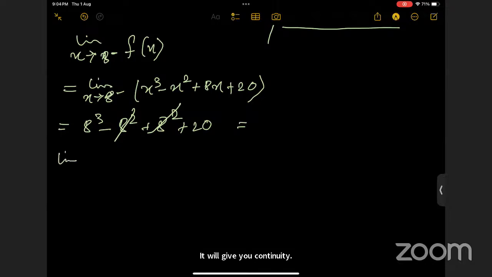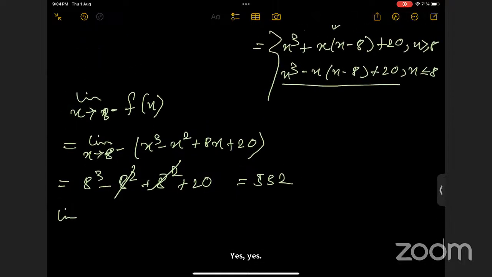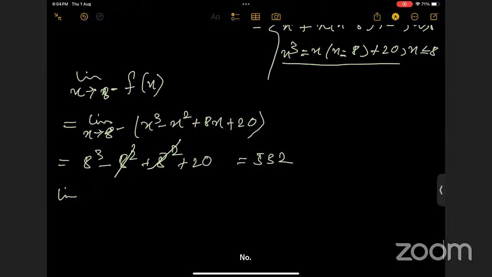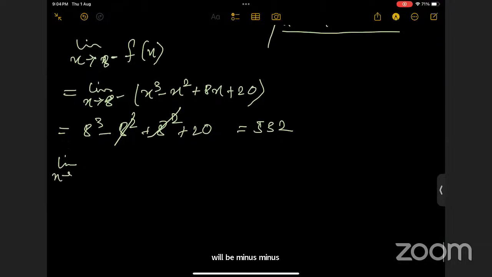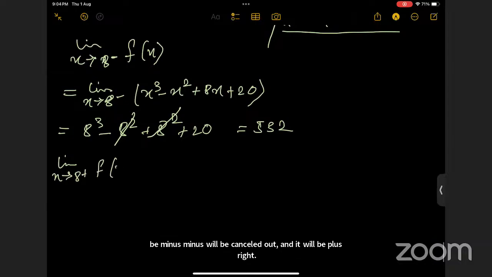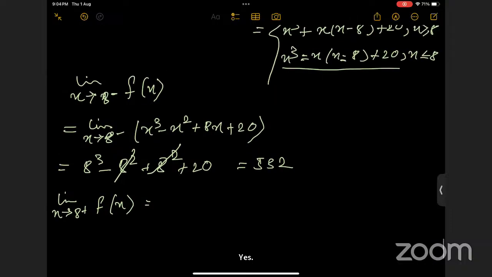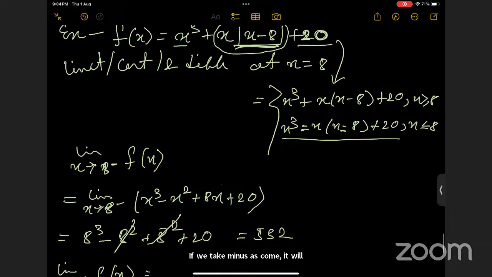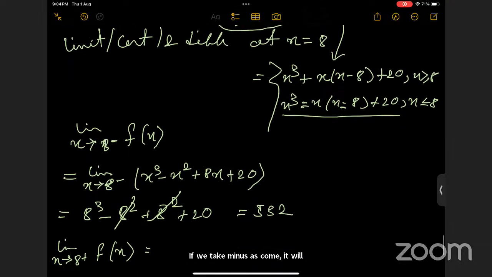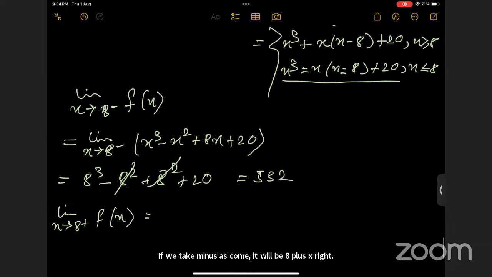Ma'am, it will be minus 8x, right? If x is lesser than 8, then it will be minus of x minus 8. If we take minus as common, it will be 8 plus x, right? We have x minus 8 here and we took the minus outside. So it will be minus x squared plus 8x, right?